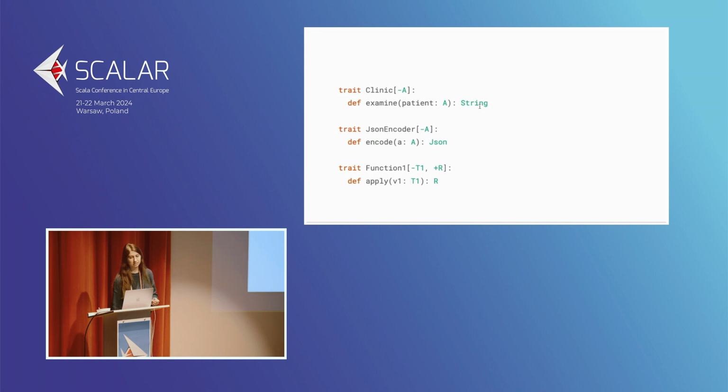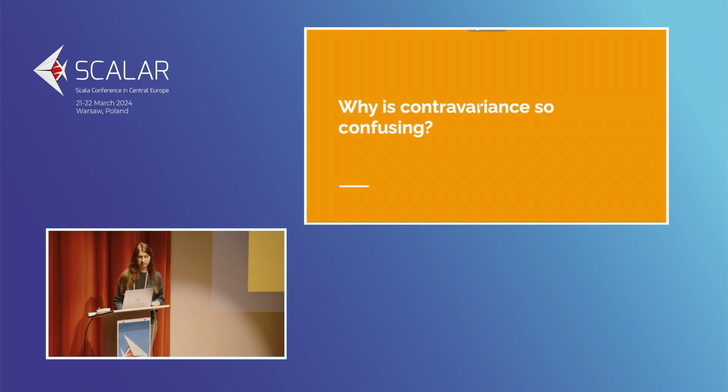So that's the typical situation where you encounter covariance, contravariance. You'll tend to encounter covariant type parameters when they're used as output, contravariant type parameters when they're used as input. So you can remember it as a rule of thumb if you want. I prefer not to. I always prefer to work it out from first principles when I have a doubt, rather than resort to that. But yeah, that's a good rule of thumb if you want to remember it as well.